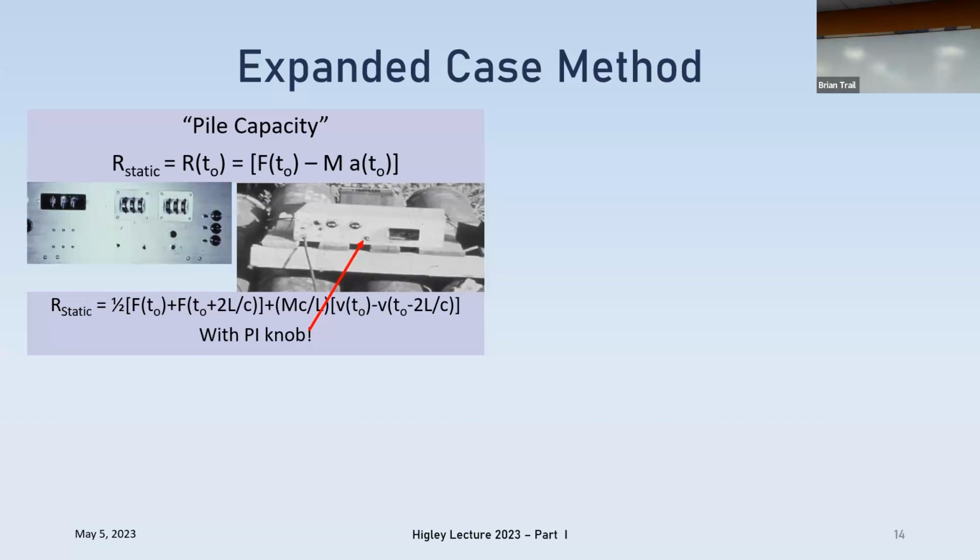So input and output are practically compared, and that gives us the resistance. And then because Tony Sada was not very happy with what these structural engineers were doing there, we put a PI knob on the thing. And when the plasticity index was high, then we shifted the time where we took these records to a later time, and we got a better agreement than for the fine-grained soil.